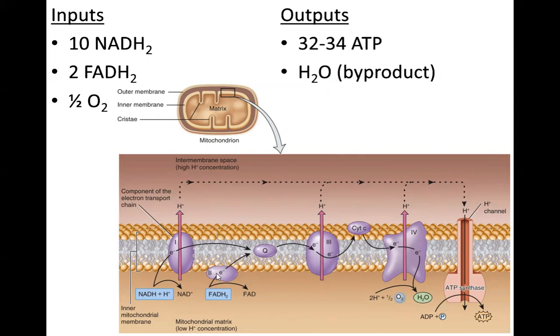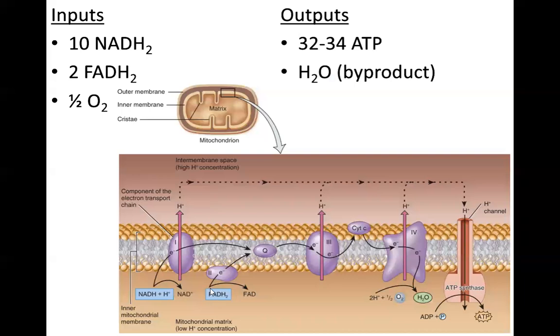Whereas with FADH2, it dumps its electrons off more down the chain, at the second stop, which means it doesn't get any hydrogens across down here till we get to this pump here, which means fewer hydrogens come into this intermembrane space from the FADH2s than from the NADH plus H pluses.